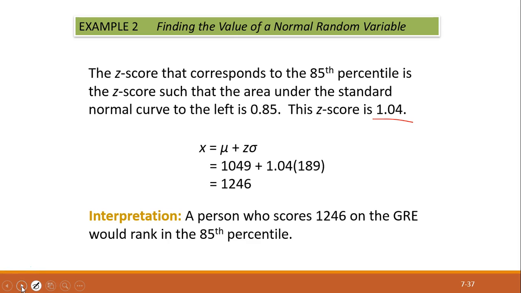In interpretation, a person who scores the 1,246 score on a GRE would rank in the 85th percentile. So that's how you would go about it, working these Z-scores backwards.